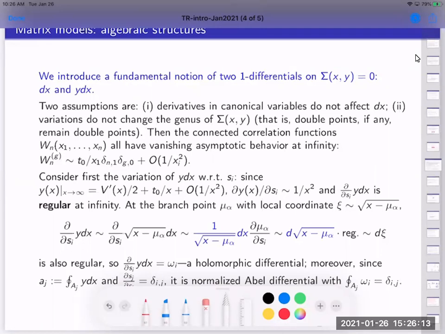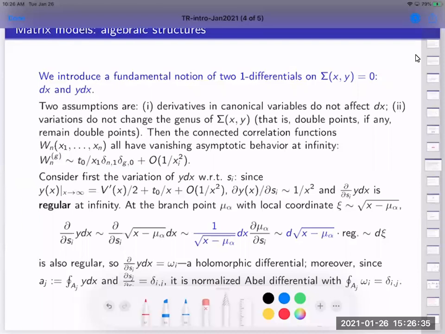And now a crucial observation. Consider the variation of this special differential y dx. First consider this variation with respect to S_i, where the S_i are occupation numbers.